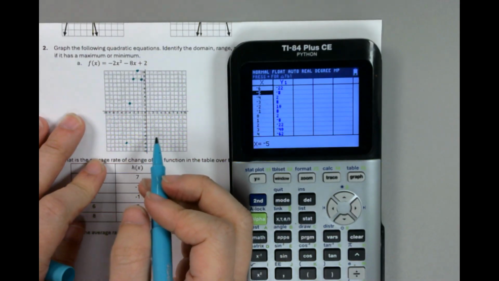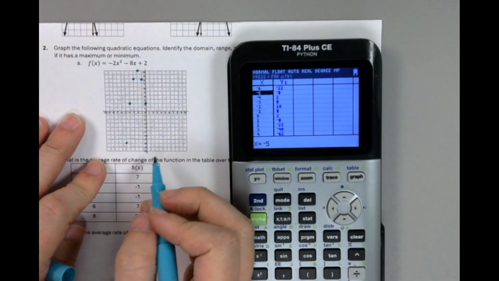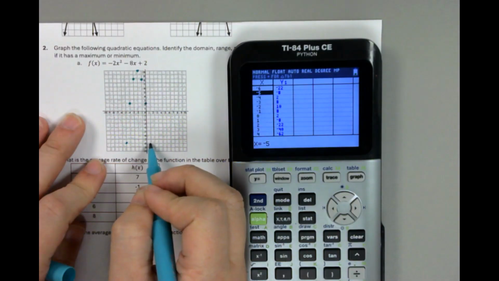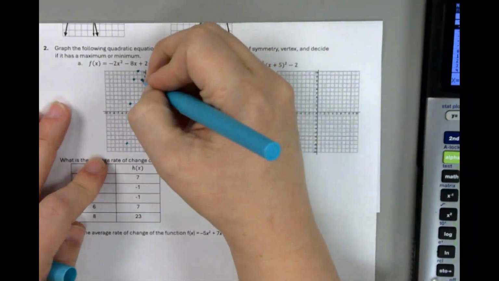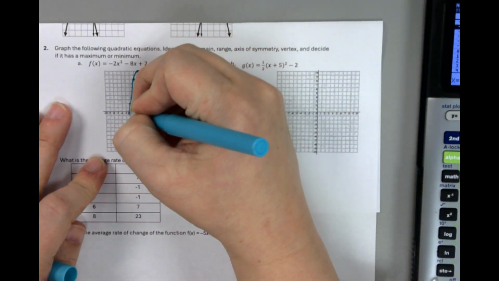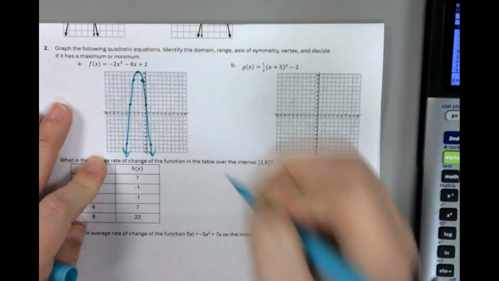Let's see, 0, 2, and 1, negative 8. That's as far as I can go. So now I have this lovely little parabola that's going to continue forever. We just don't have room.